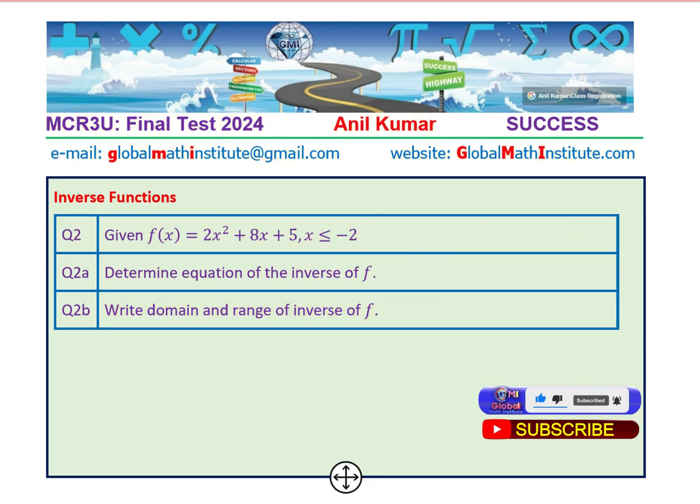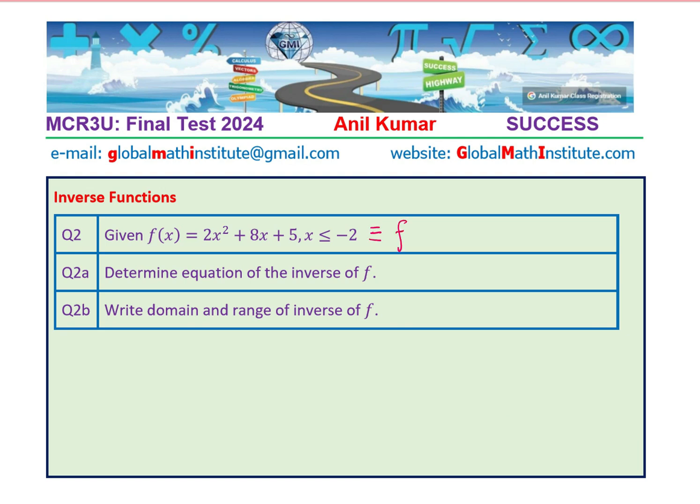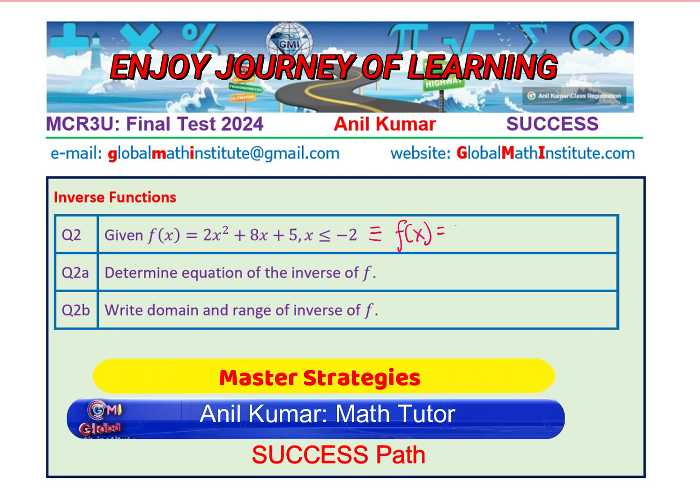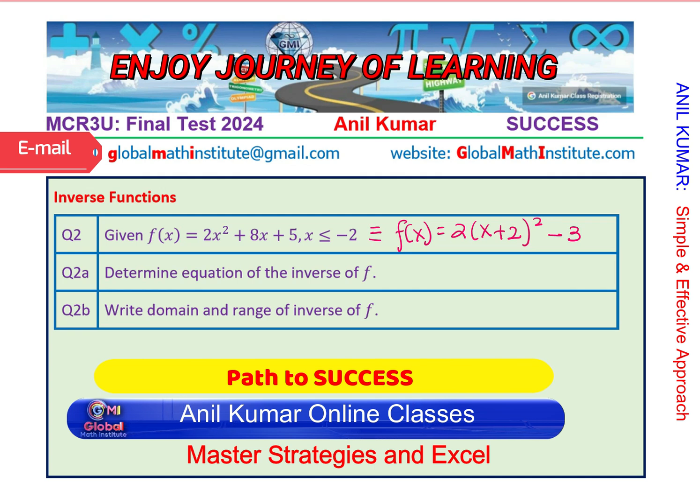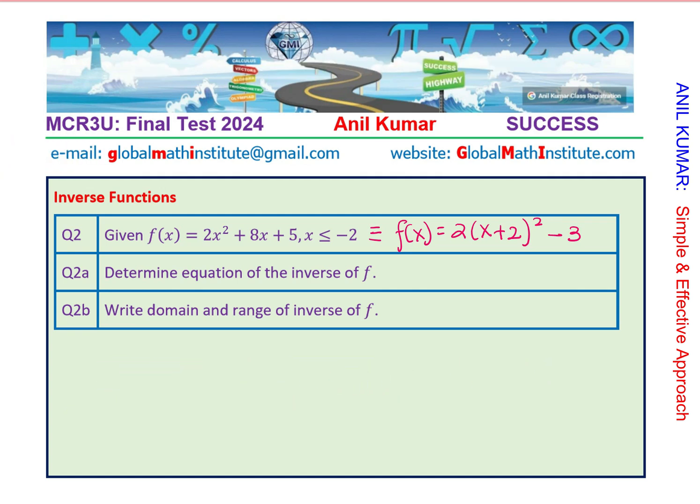So let's go to the new page. We can write this function as f of x equals 2 times (x plus 2) whole square minus 3. Okay, so to find the inverse, let's swap x and y.